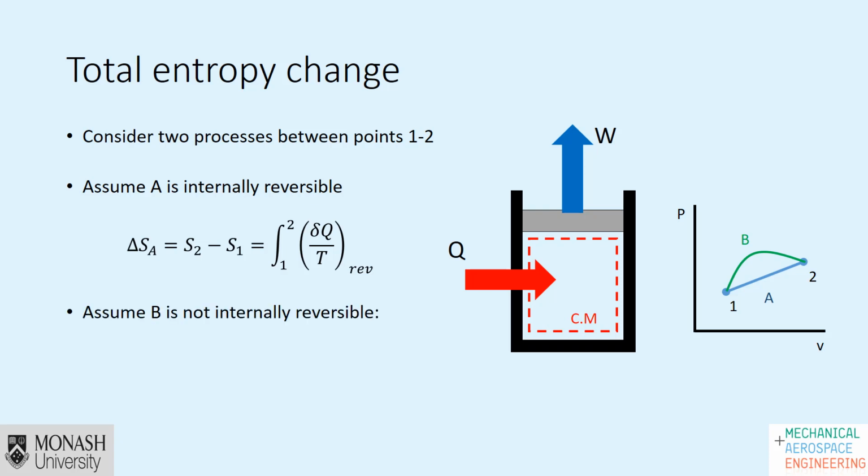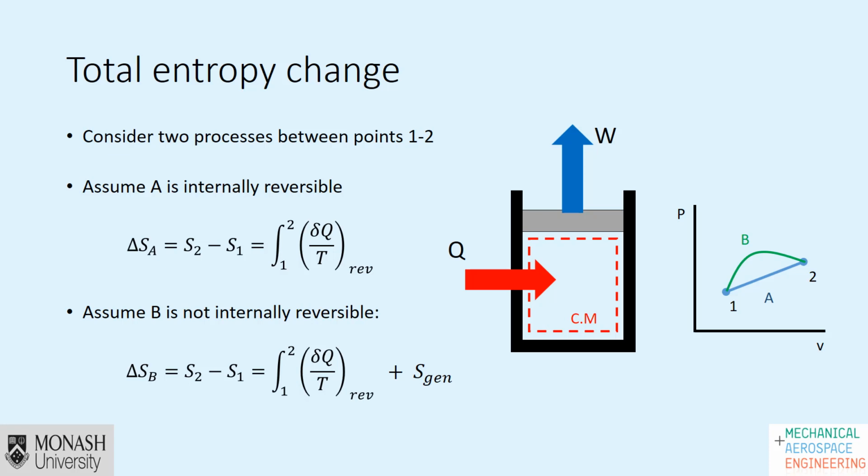But if B is not internally reversible, what we can say is that the change in entropy will be equal to evaluating that integral, but we know that the change in entropy must be more than that. So there's additionally an entropy generation term.